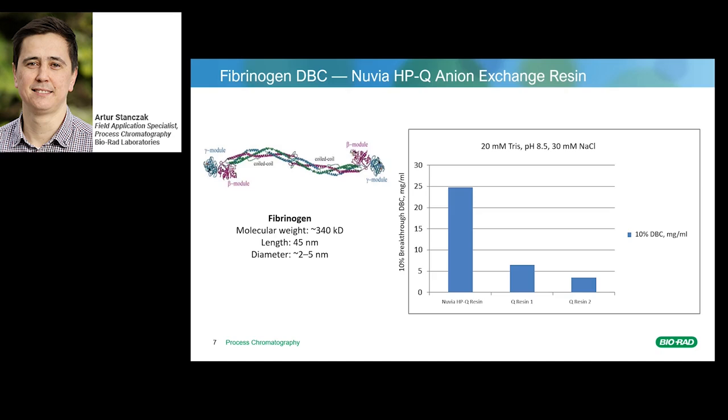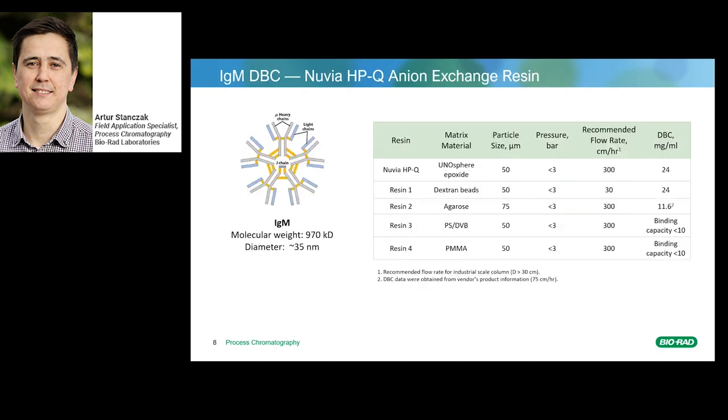In this study, 5 resins were tested for IgM binding. In this plasma fractionation project, the application was to bind IgM to deplete it from the feed stream, which also contains all other immunoglobulins. The goal was to increase productivity of the chromatography step. Nuvia HPQ showed much higher dynamic binding capacity compared to other candidates at higher flow rate.